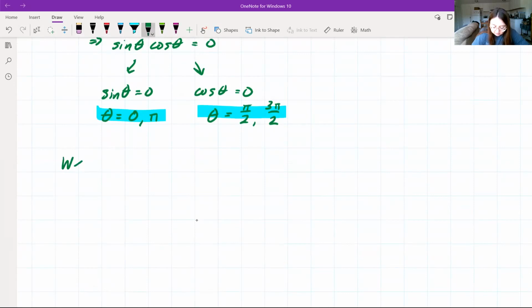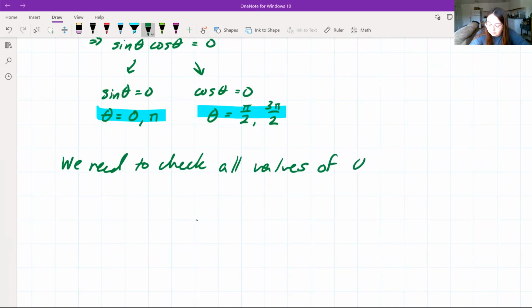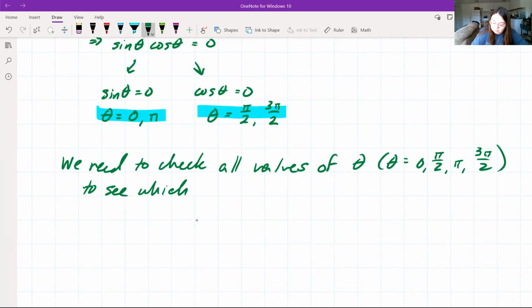So now we need to check all values of theta, which we said are 0, pi over 2, pi, and 3 pi over 2, to see which are solutions of our original equation.